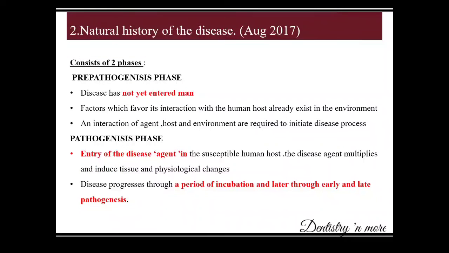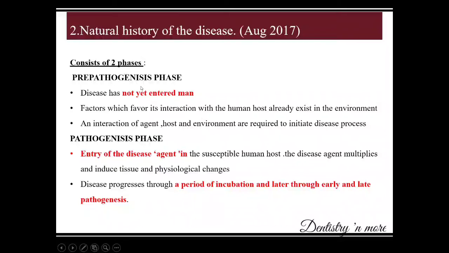The next short note is the natural history of disease. It all comes under the concept of causation. It has two phases: the pre-pathogenesis and pathogenesis phases. In pre-pathogenesis, the disease agent, the cause creating the disease, has not entered the person, but the interaction of agent, host and environment is about to initiate the disease process.